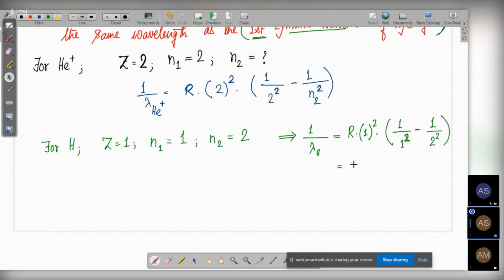That is equal to R into 3 by 4, so that is 3R by 4.